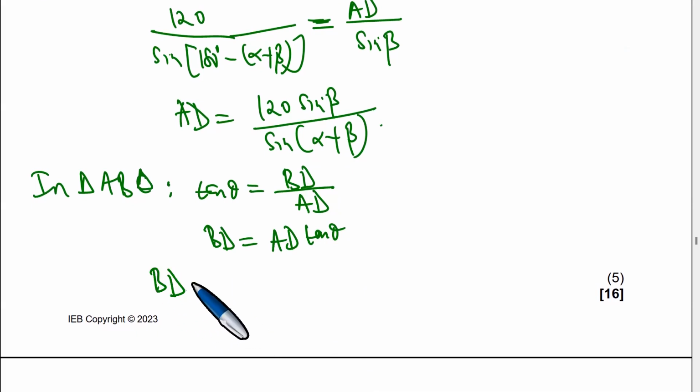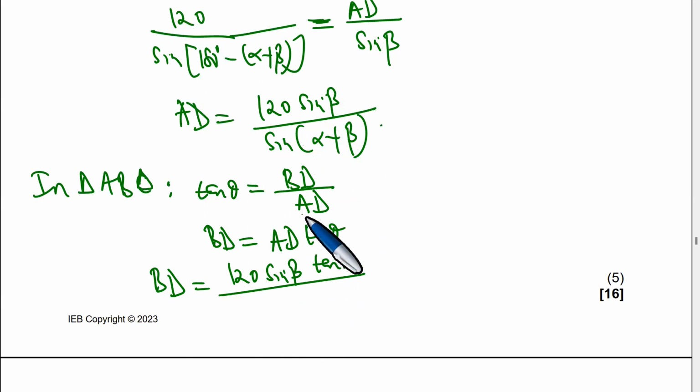Which means you have BD. What is AD out of this? AD is this, so here we put AD, which is 120, times the sine of beta, times tan theta.